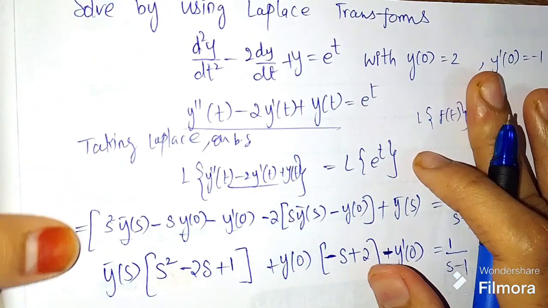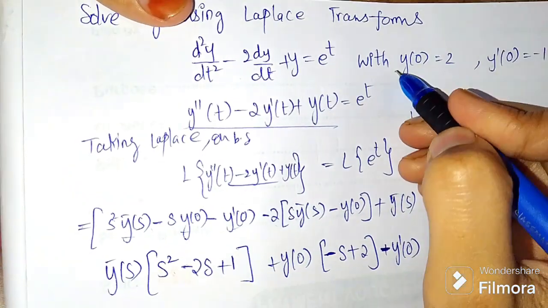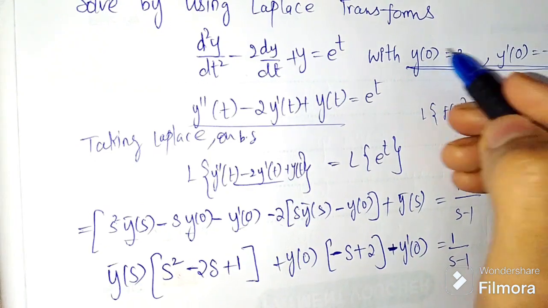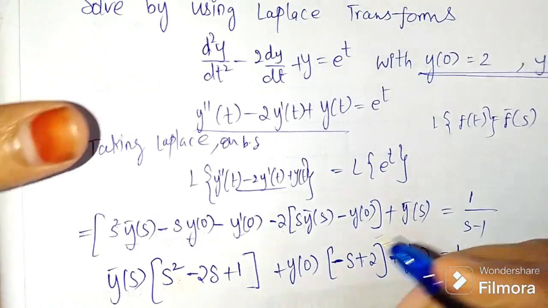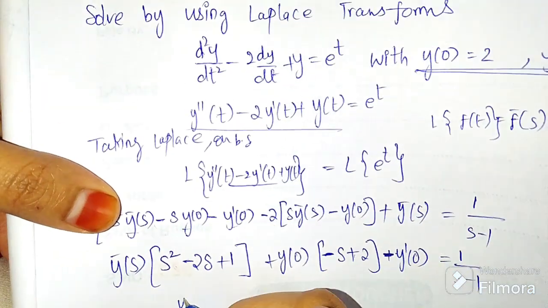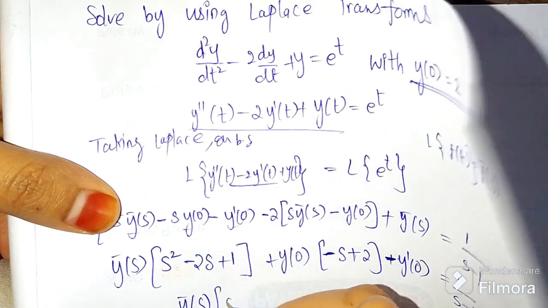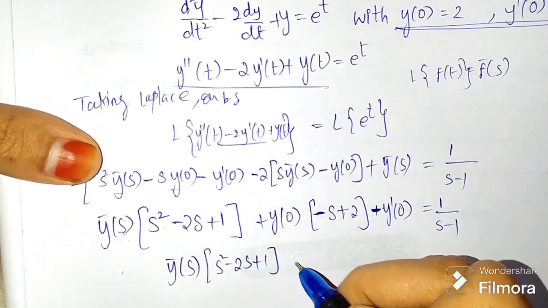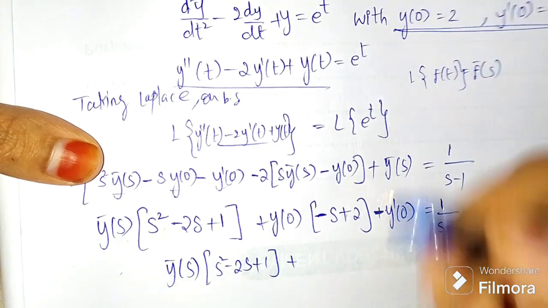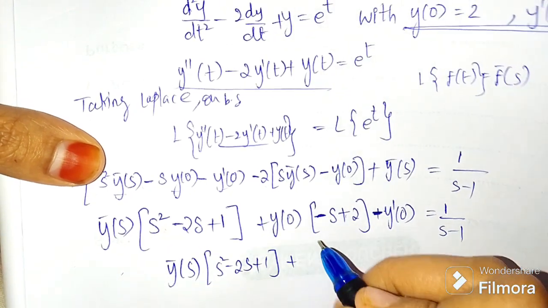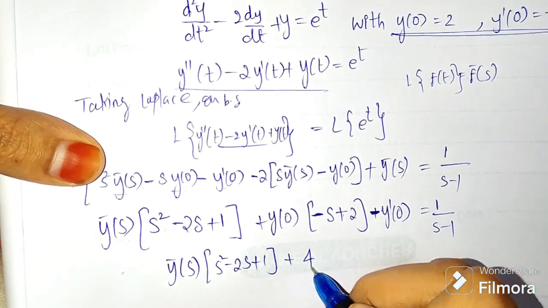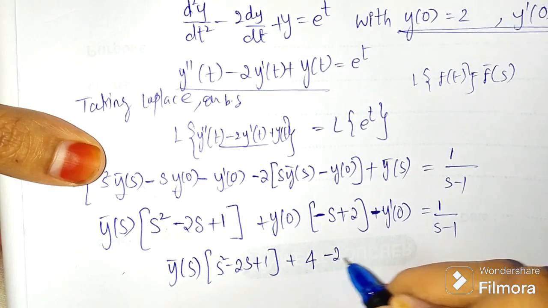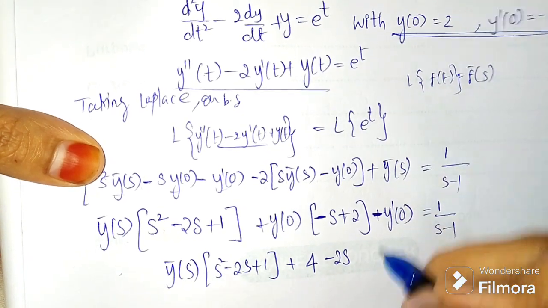So now see, in the question two values are already given for you. So now we'll substitute those two values here. Okay, so y bar of s into s square minus 2s plus 1 plus, what is y of 0? 2. So let me write directly. 2 into 2 is 4 minus 2s, minus into minus is plus 1.